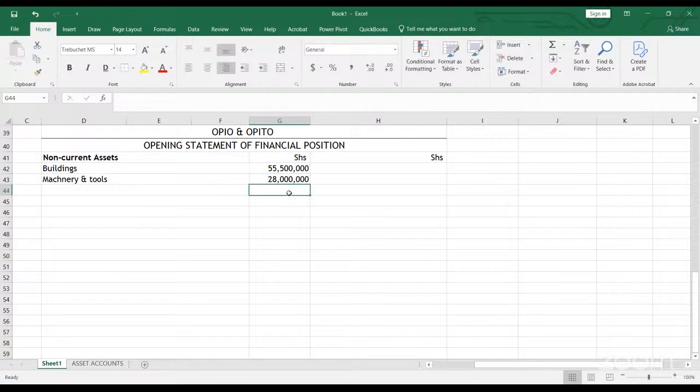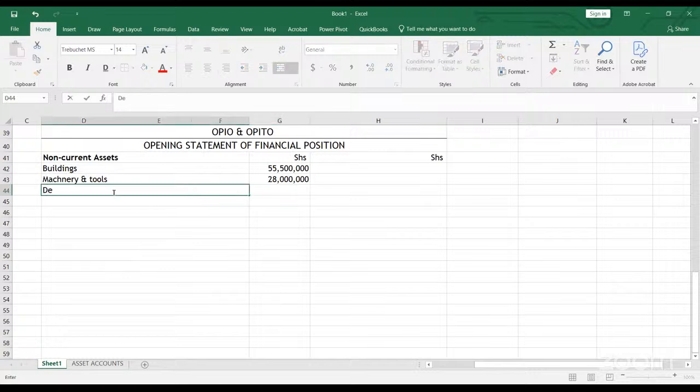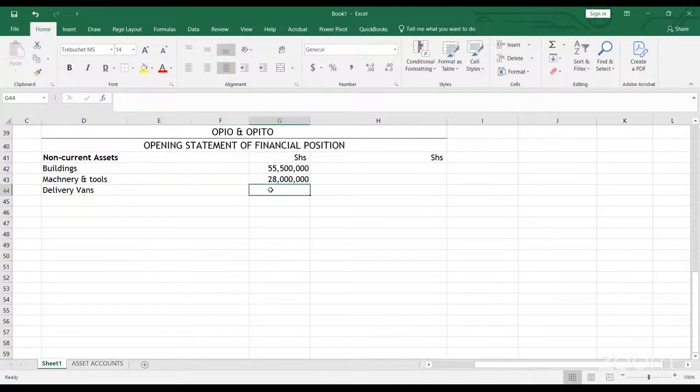We have delivery vans at 23,750,000. What else do we have?